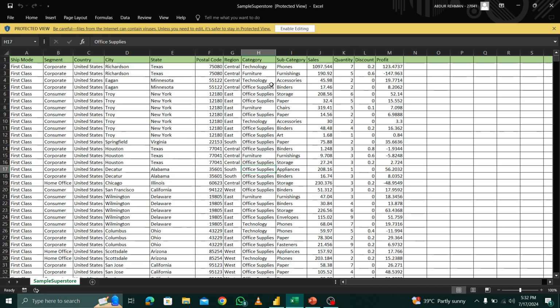Then there are categories of the products and subcategories. Then we can see the sales or the revenue generated by those products, the quantity of products, discount on them, and the profit or loss generated by each product in each category and subcategory.